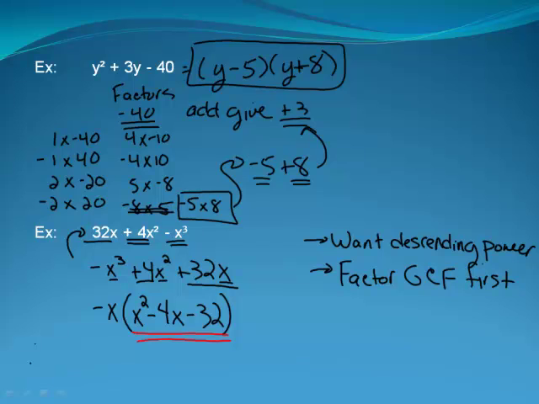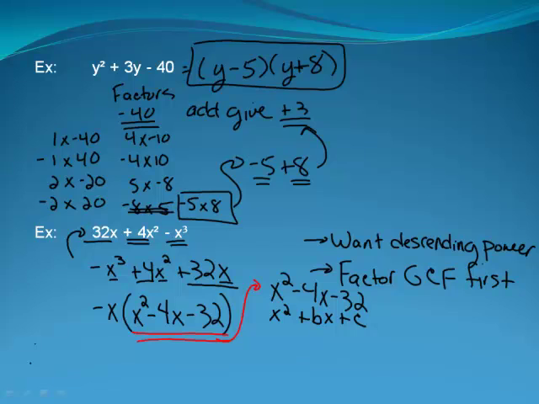Okay, so I'm just going to pull this out to the side and now look at my group, x squared minus 4x minus 32. Note that this is one of the simpler trinomials, x squared plus bx plus c.